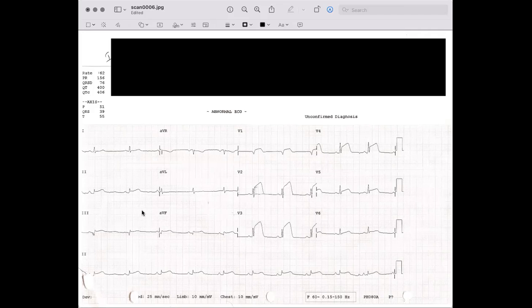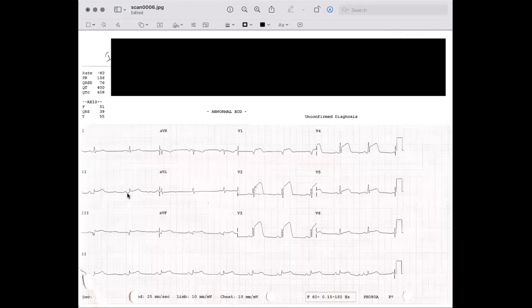You can check the interval if you want to go with axis. The PR interval, you already said 3 small boxes. It should not be more than 1 large box and not less than 3 small boxes, right? If it is between those, you calculate 1, 2, 3, 4, 5.